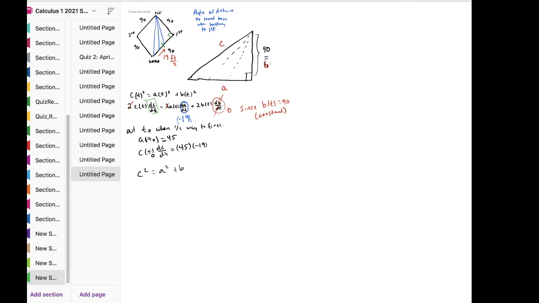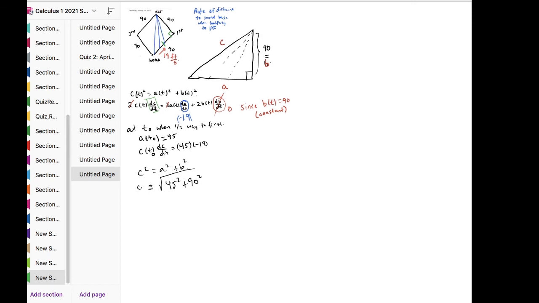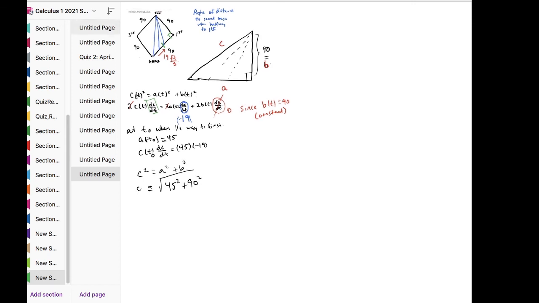It's the hypotenuse. So c is equal to the square root of a squared, which is 45, plus 90 squared, which is the b. So whatever that is.